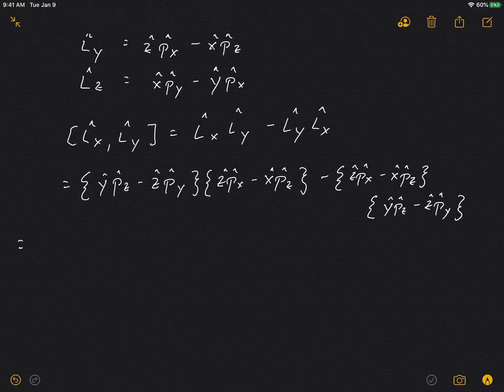So this gets a little messy. So we're going to get ypz zpx. So that's from multiplying ypz times zpx. So that's the first in our FOIL.